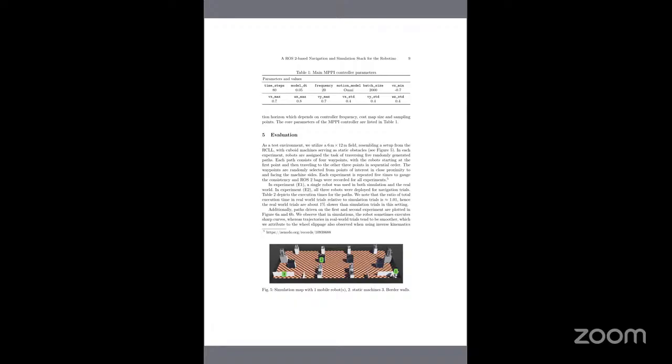Omega z means the maximum rotation, 0.8 radians per second. Vx std, this is the standard deviation of the forward velocity sampling. Vy std, standard deviation of sideways velocity sampling, and omega z std, angular velocity sampling standard deviation.